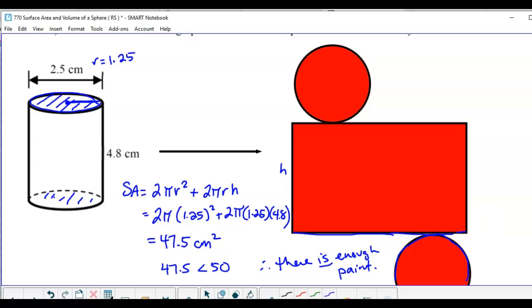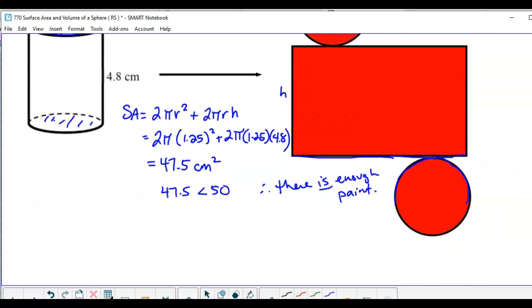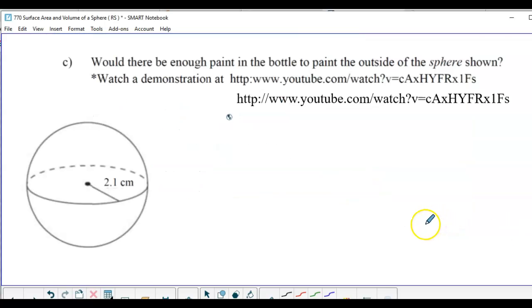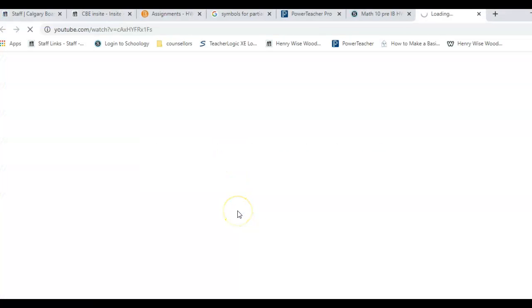All right, the next one, it's on the next page, is a sphere. It does say to watch a demonstration. So you can go to YouTube for that. You can copy that in, and I'll let you do that rather than me going to watch it right now. This link actually might work here. Let's just check it out.